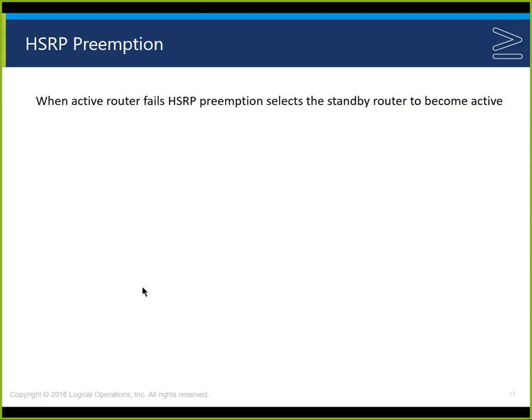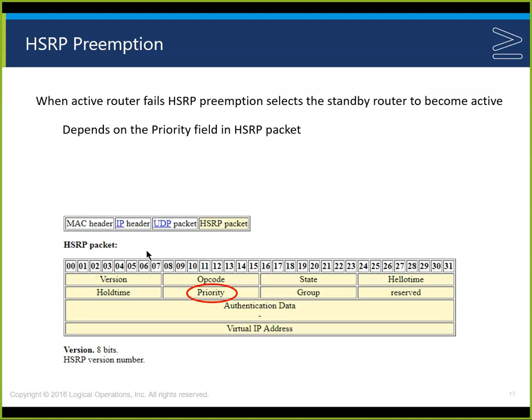Preemption, and what I tried to show when we were doing the configuration is that these don't preempt by default. I assigned it a higher priority and nothing happened until I did a manual preemption on it. So when an active router fails, preemption selects the standby router to become the active. It depends on the priority field in the HSRP packet.